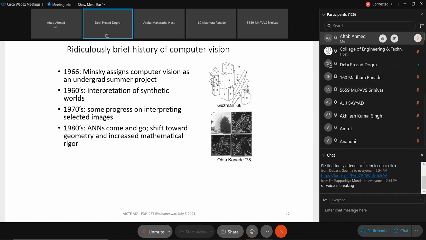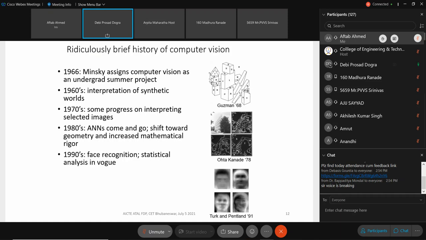Why did it go away? Because the kind of computations required to use artificial neural networks for solving computer vision was not affordable at that time. People, even though they wanted to, knew the techniques and the mathematics behind artificial neural networks, but they could not pursue or apply it because the resource was not available.